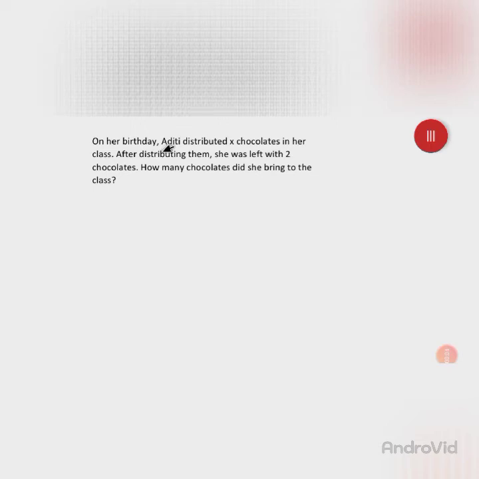Here we have another question. On her birthday, Aditi distributed X chocolates in her class. After distributing them, she was left with 2 chocolates. How many chocolates did she bring to the class?